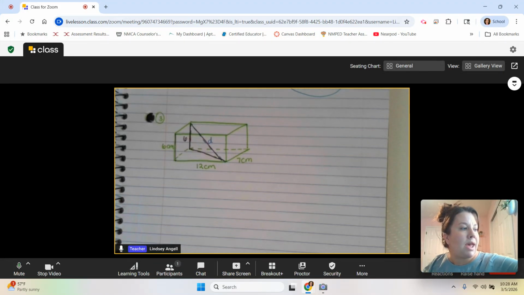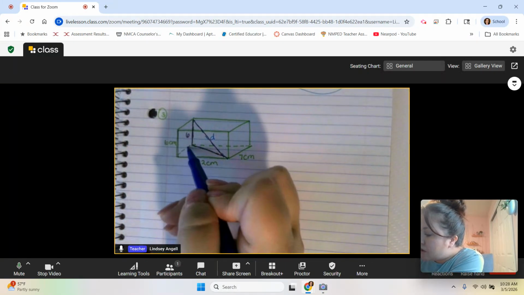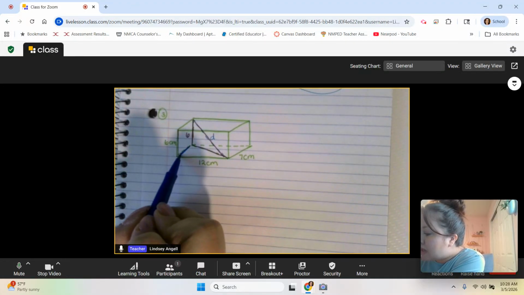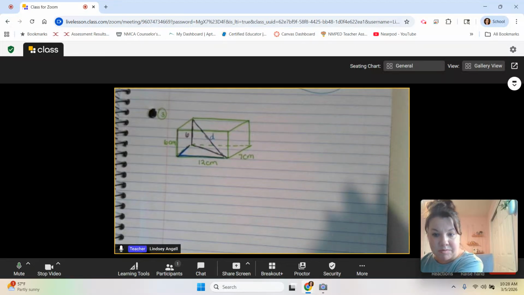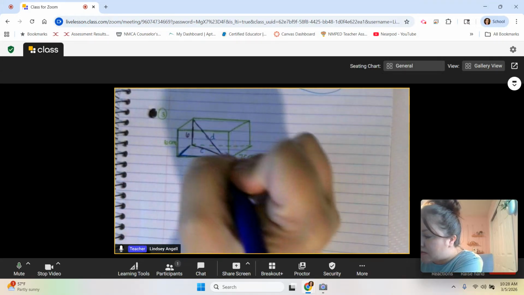Let me grab a new pen. My other one is kind of dying. Okay, so in order to find this diagonal, I can use the width of the box and the length of the box, because those can be the legs of my right triangle, and then I can find the hypotenuse, okay?